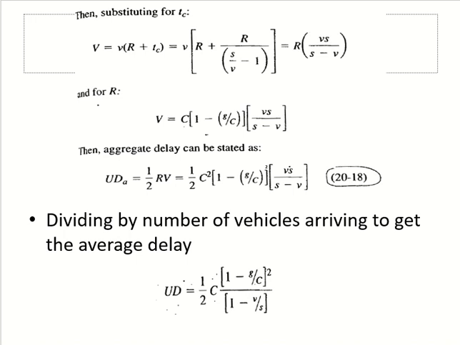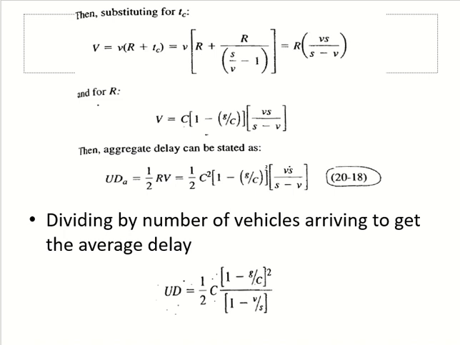Okay, clear? Now this equation gives you aggregate delay, meaning total. If you have the total of something and you want the average, what do you do? Summation divided by the number, right? In this case, this is already the summation, the total, divided by the number of vehicles.